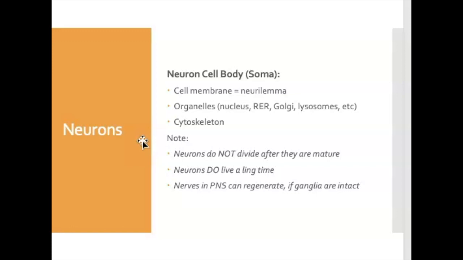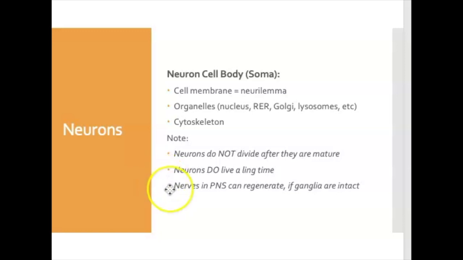It just doesn't happen. The genes that would be required to make that happen are not turned on, they're not active once those neurons are in place. Now, neurons do live a good long time, so that's good, right? Because once they're in place, they're not going to divide and create new neurons.